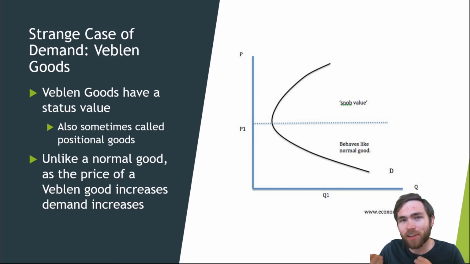But even that snob value is created artificially by the diamond conglomerates that artificially hold down supply. But yeah, this is just a strange and interesting case of us being able to see a deviation from our basic model, but being able to account for it by changing the shape of the demand curve.